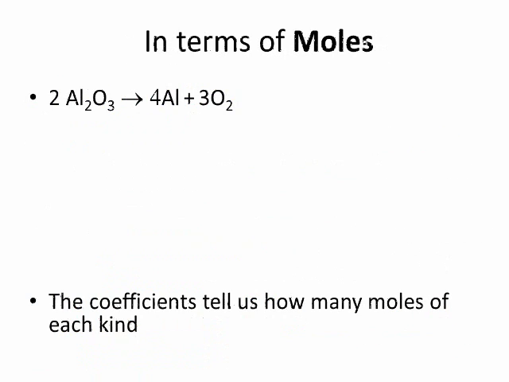In terms of moles, we have 2 moles of aluminum oxide goes to 4 moles of aluminum plus 3 moles of oxygen. The coefficients, those numbers in front, will tell us how many moles of each kind. So when we see a balanced equation, we're going to look at these as being moles. That's important when we start doing stoichiometry.